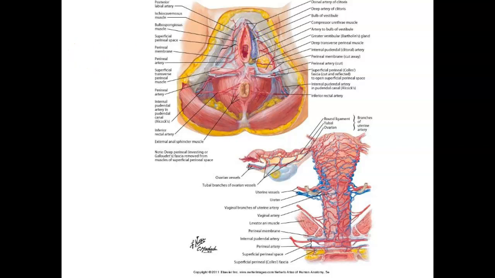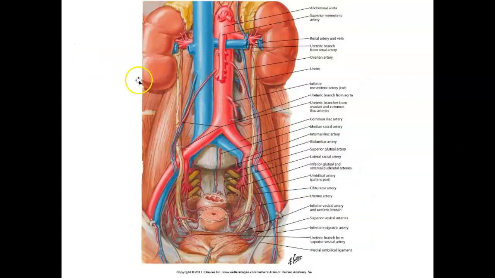Let's talk now about some arteries here. This should be review, but off of the abdominal aorta, you're going to have the gonadal arteries coming down in the female to the ovaries and the male to the testes. And then the venous drainage, remember, is different on each side.